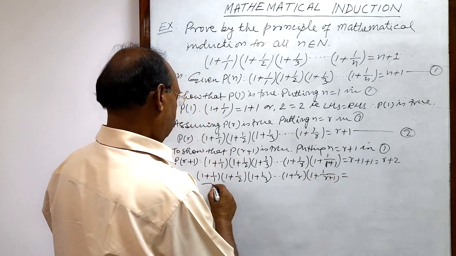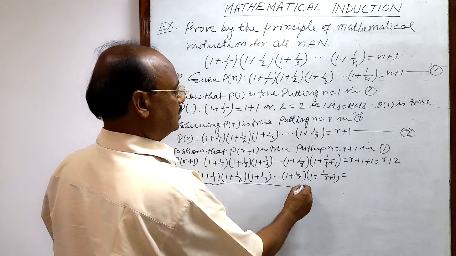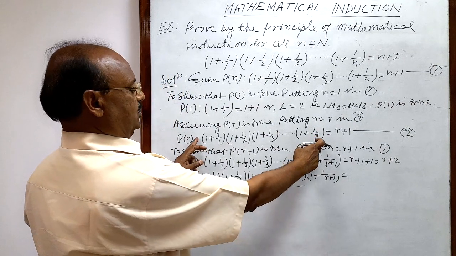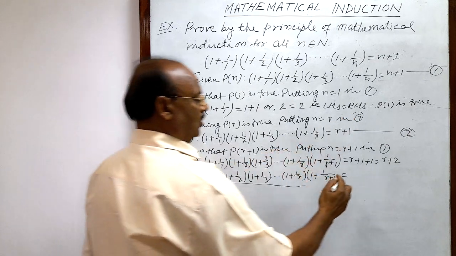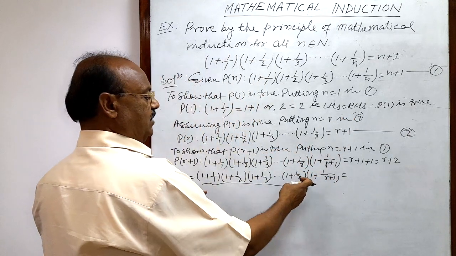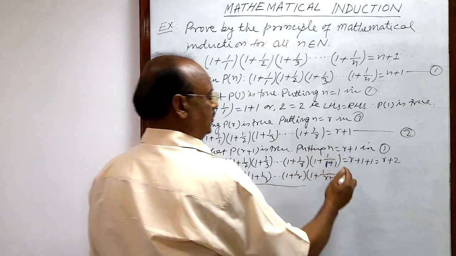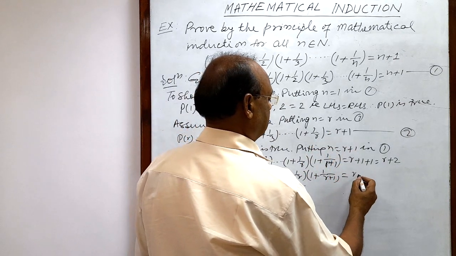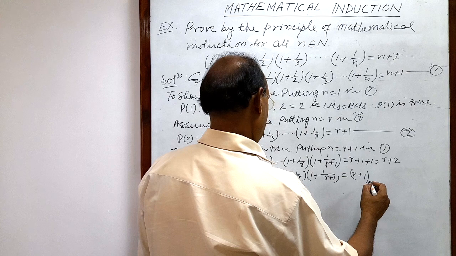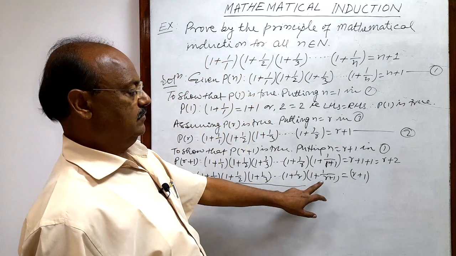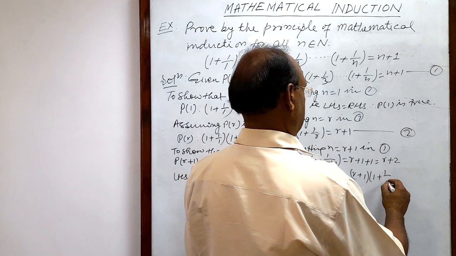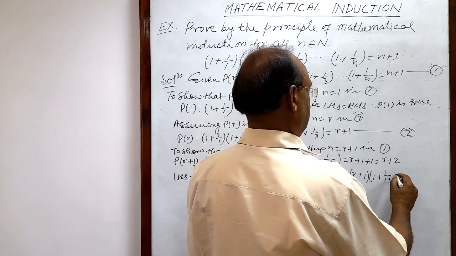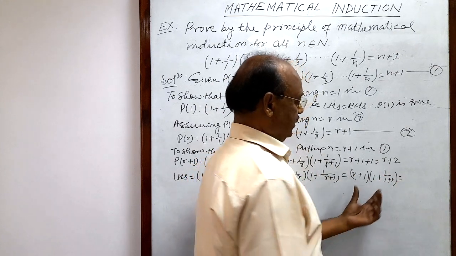Up to this many factors, we can write r + 1 by relation number 2. So this is r + 1, and the last factor is 1 + 1/(1 + r). Let us simplify it.